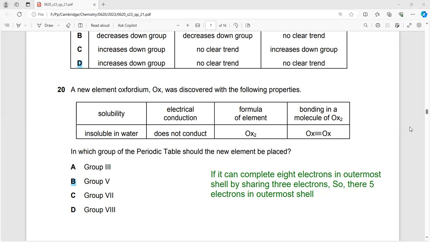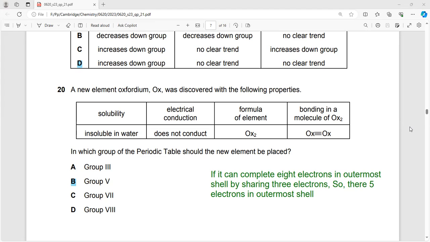Second, we have the bonding in the molecule that is OX. The bonding structure is given. It's making 3 covalent bonds. If it's sharing 3 electrons and there's no charge and it gets a stable state, it means there were already 5 electrons in the outermost shell. So it shared 3 electrons, and 5 plus 3 becomes 8.